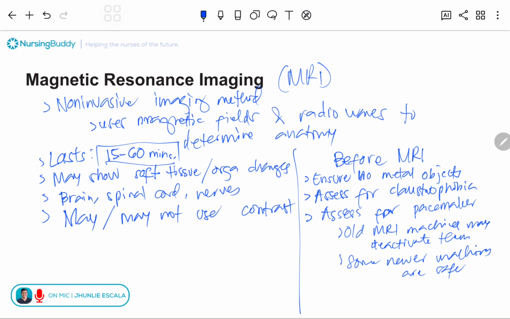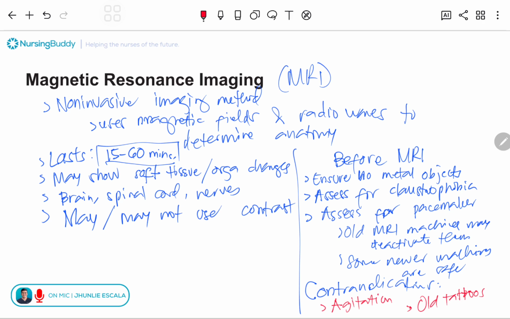So also, kapatid, tandaan po natin, contraindications, big word in the board examination. Okay, we need to take a highlight on this one. Contraindicated ito para sa patients na may mga agitation, and also, kapatid, sa may mga old tattoos.